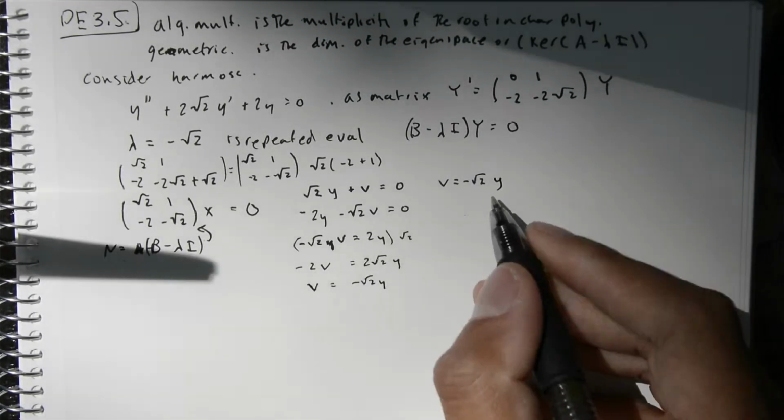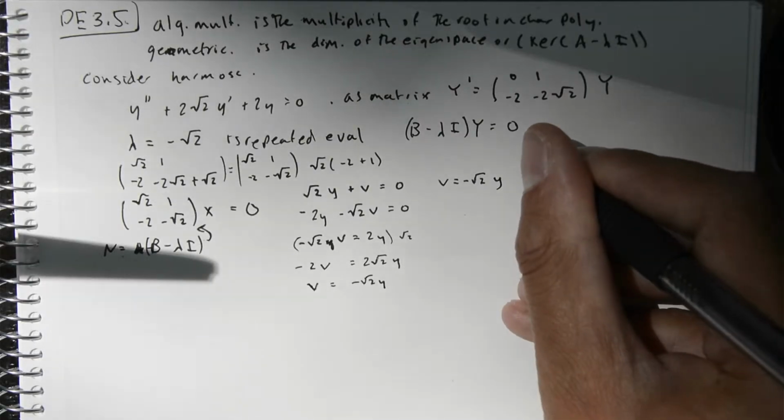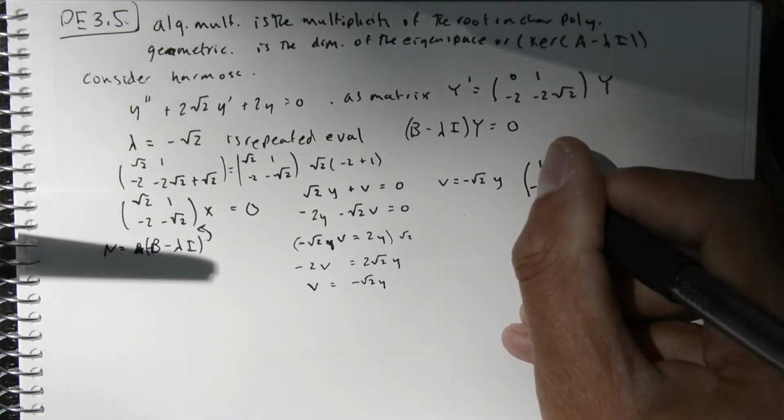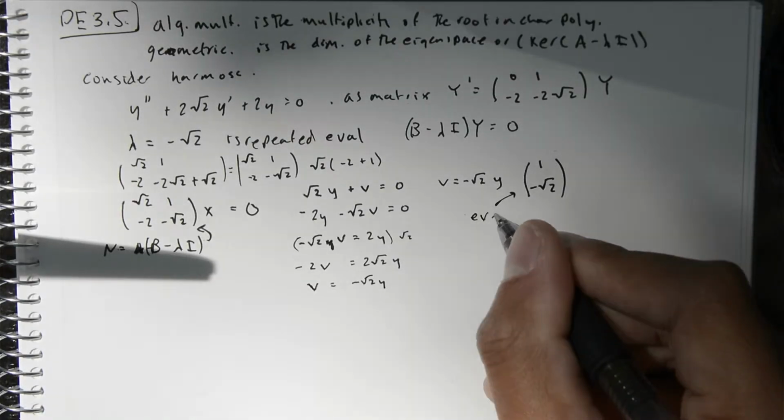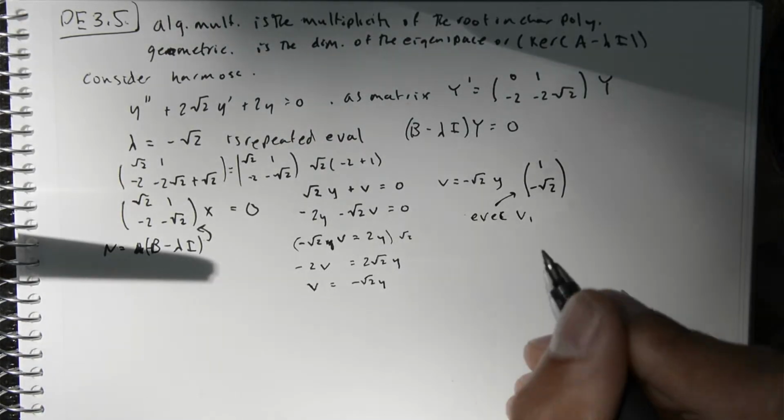I don't know what I was doing. So then if y is 1, v is going to be minus root 2. So this is the eigenvector. This is the eigenvector v1.